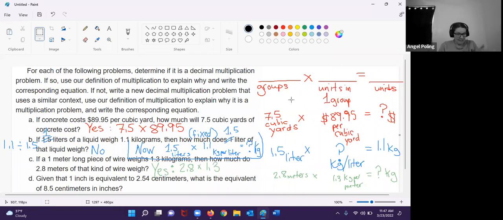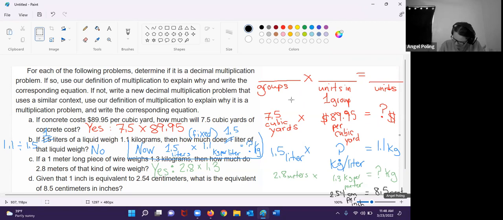Okay. Given that 1 inch is equivalent to 2.54 centimeters, what is the equivalent of 8.5 centimeters in inches? Okay, so let's fit this last one on here. They gave us 2.54 centimeters per inch here, but then they gave us 8.5 centimeters.